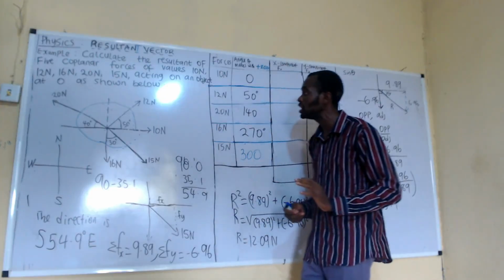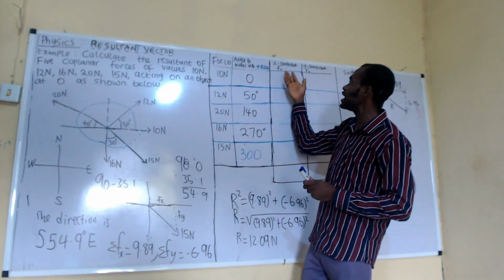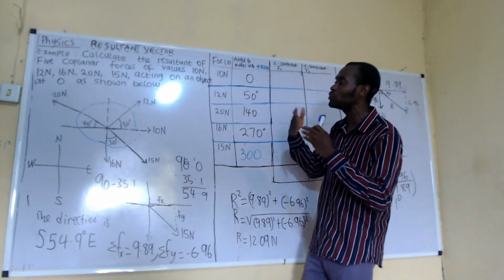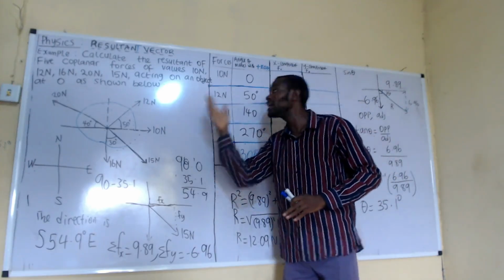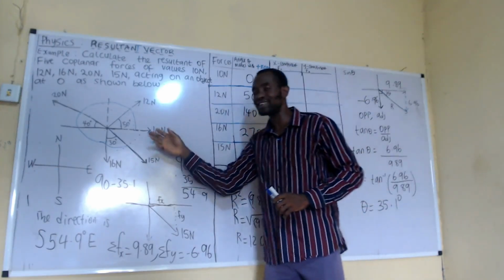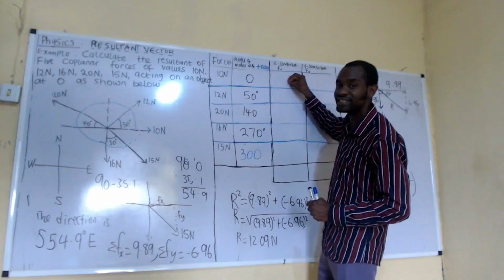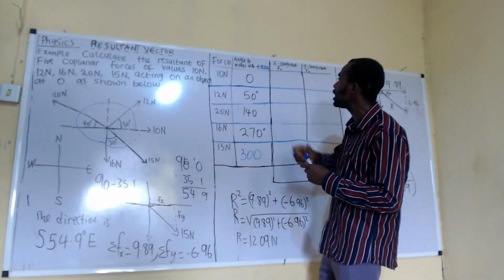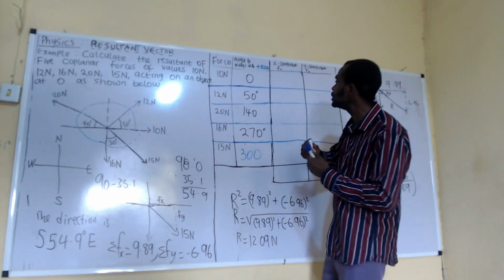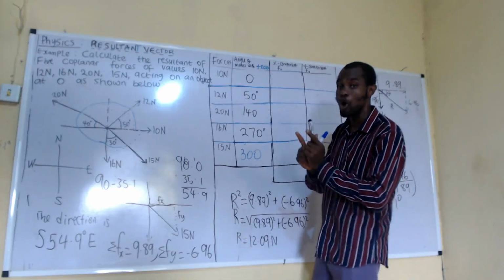Now, the advantage of this method, because you are picking the angles with respect to the positive axis using 360 degrees, is that you don't have to pay attention, when you are finding the x component, to which coordinate it is on, whether the x coordinate is found on the x axis or the y axis. So you don't bother to put negative sign and positive sign. We still employ our formula to find the x component, which you know is F of x equals F cos theta.